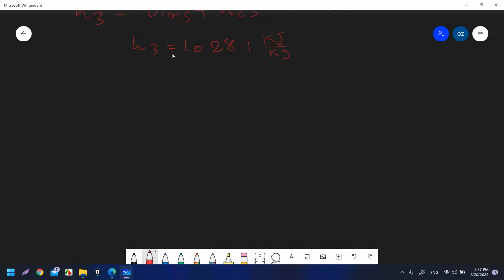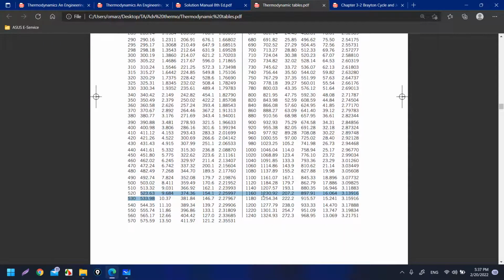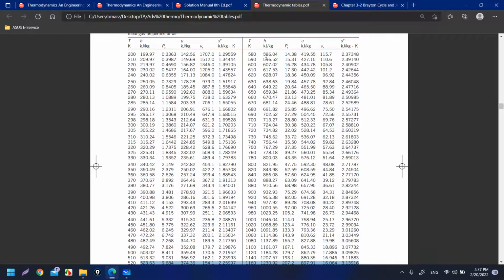Okay, so I will go to the table with this value of H3, 1028. Here is the column for H. 1028 is between these two numbers, so I want to find PR, so I will make interpolation between these two columns.